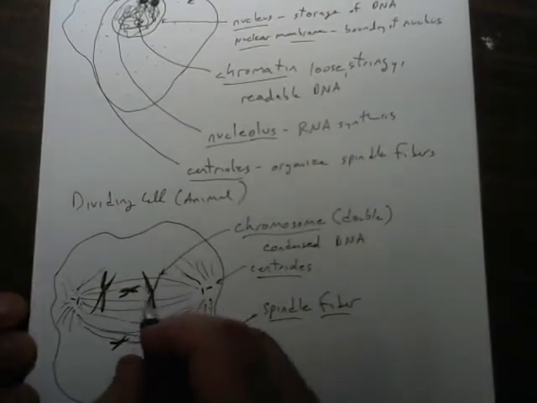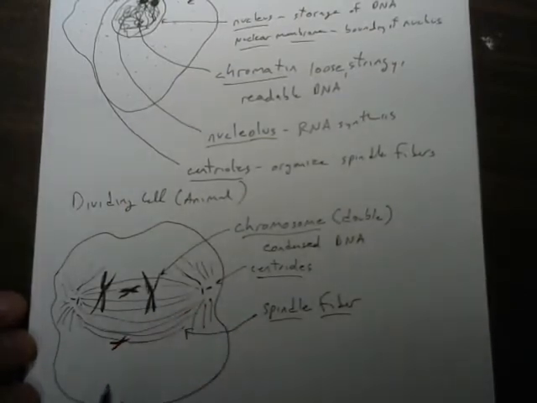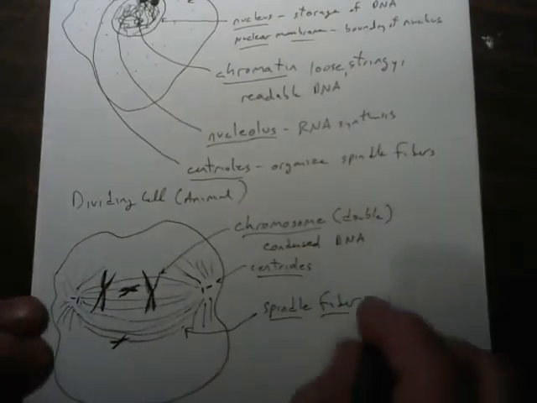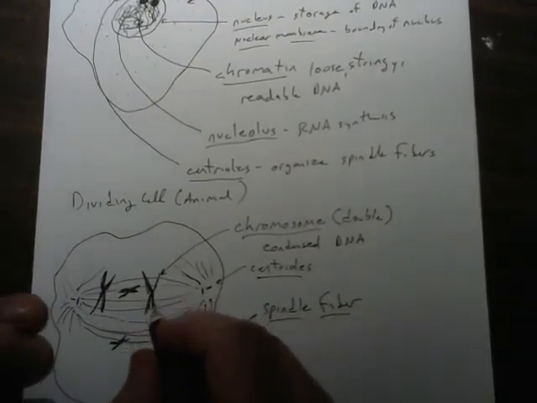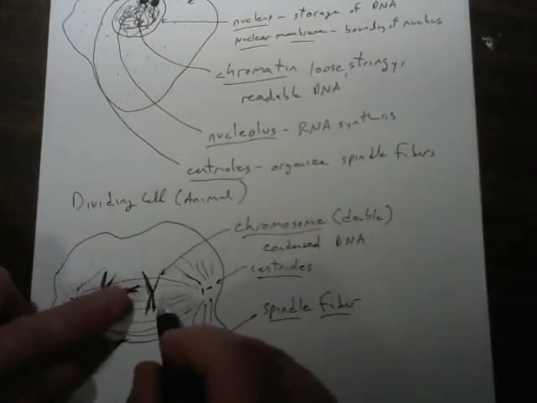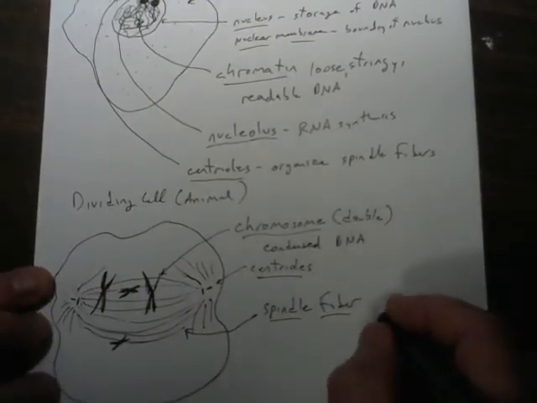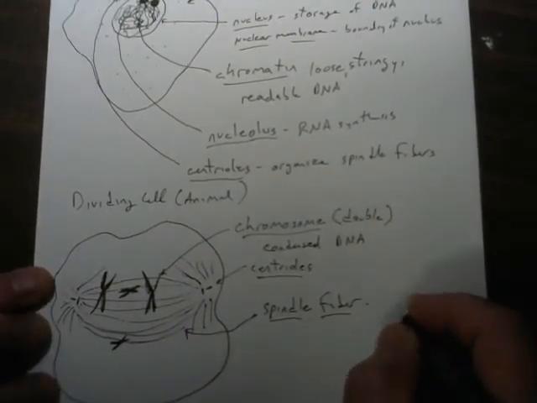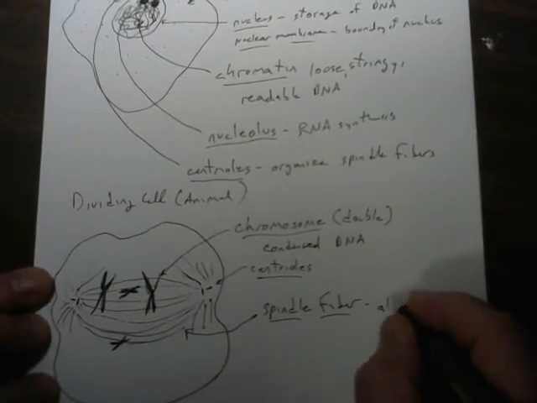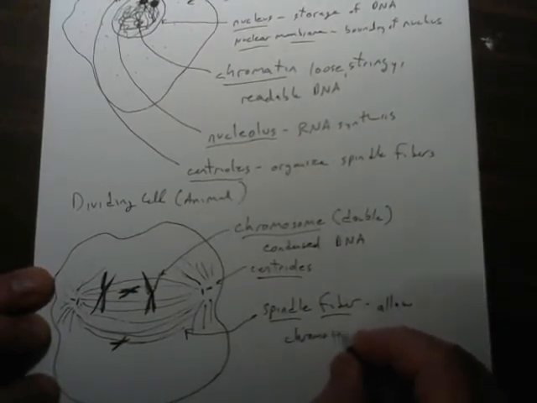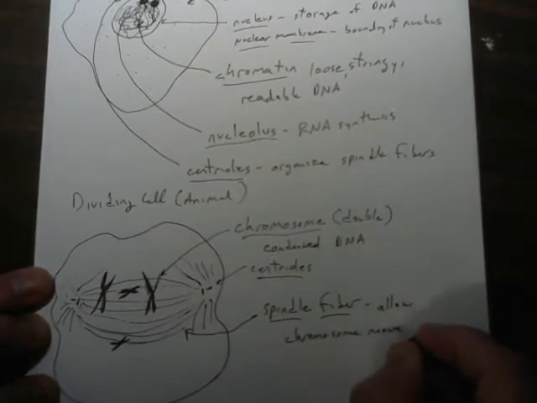Each chromosome is going to be attached to a spindle fiber. And it's going to be the interaction between the chromosome and the spindle fiber that's going to allow the genetic material to move to either side of the cell as it divides. So the spindle fiber is going to allow for chromosome movement.